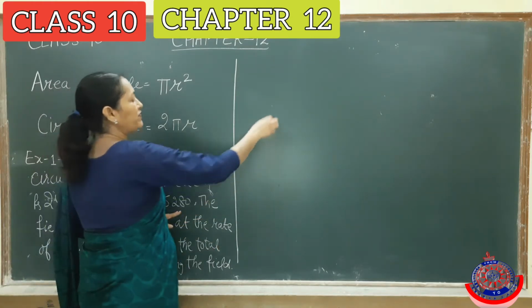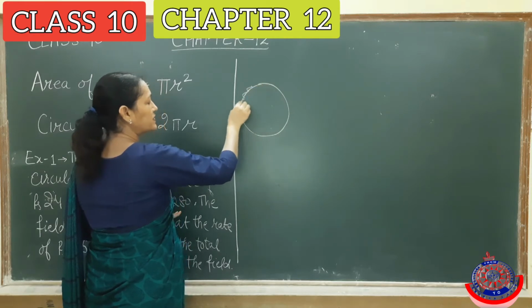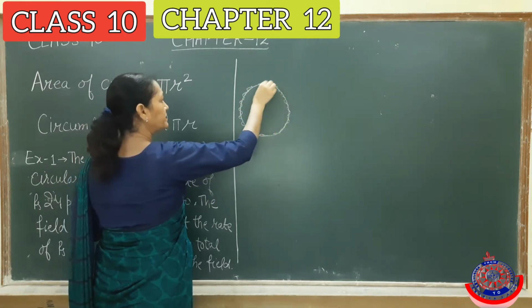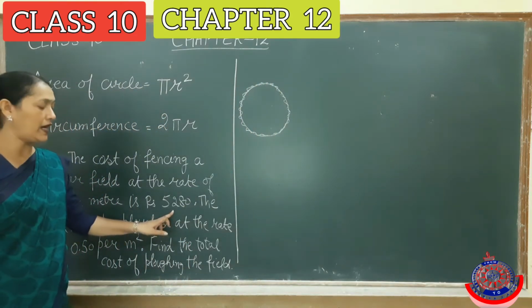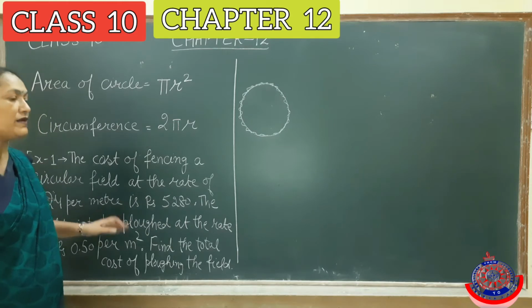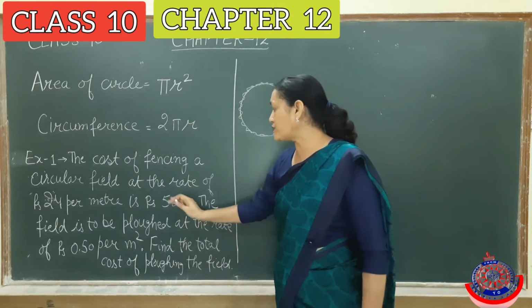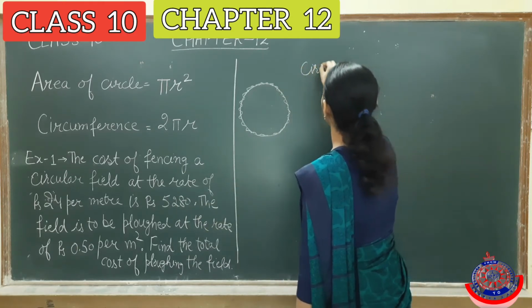If a circular field is to be fenced, the outer boundary is to be covered. In that case total cost is given to us and cost of fencing 1 meter is given. So with the help of these two values we can very easily calculate circumference.